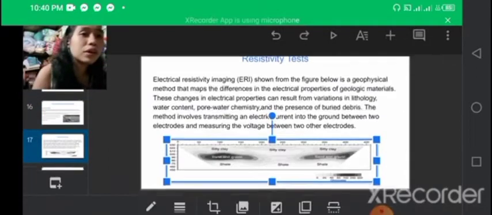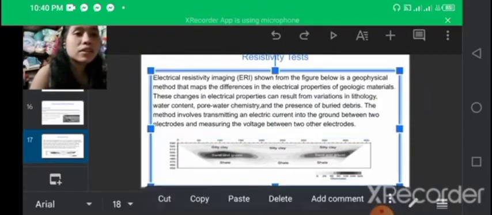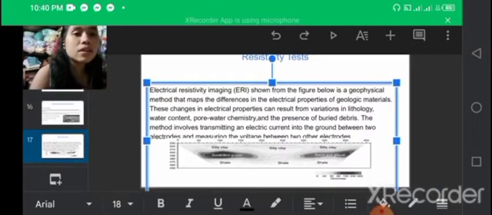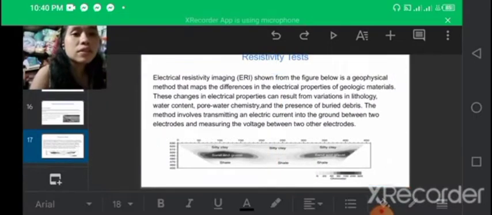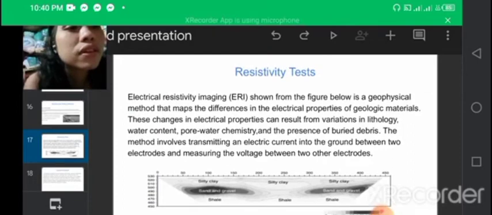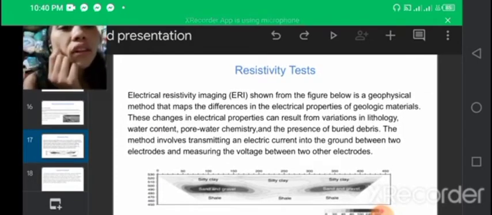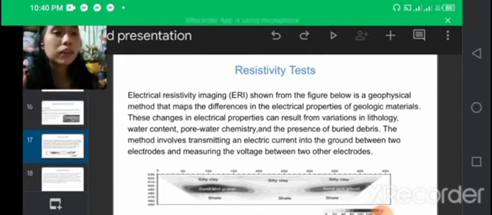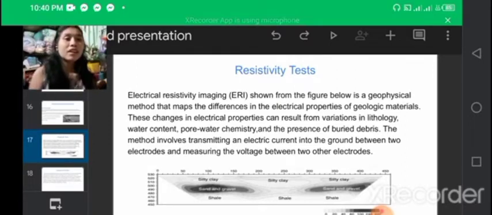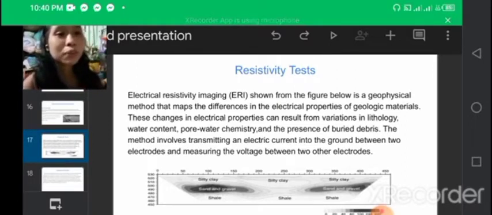Now we are in the resistivity test. So what is the resistivity test? Electrical resistivity imaging, or ERI, shown in the figure below, is a geophysical method that maps the differences in the electrical properties of geologic materials.